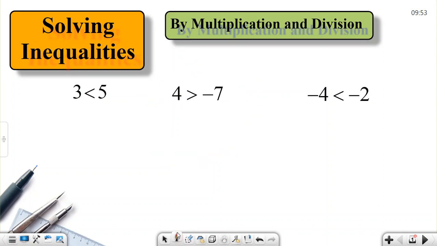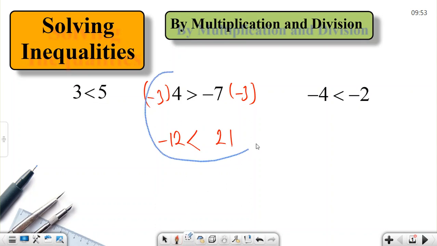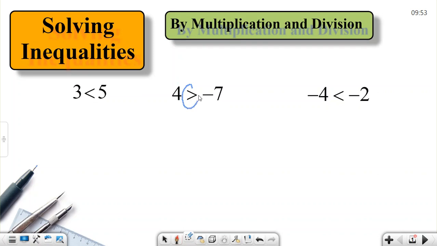So let's change it. Let's multiply by a negative number. Let's multiply by negative 3. You can choose any number. Negative 3 times 4, negative 12. Negative 7 times negative 3 is positive 21. Negative multiplied by negative is positive. So negative 12 is less than positive 21. So again, when you multiply by a negative number, this sign will change.